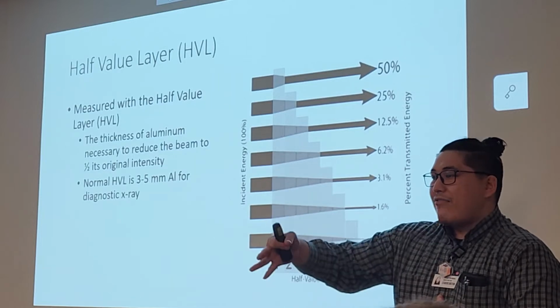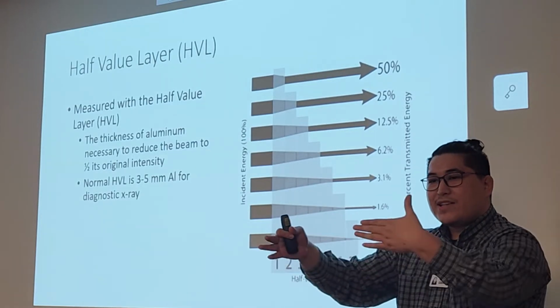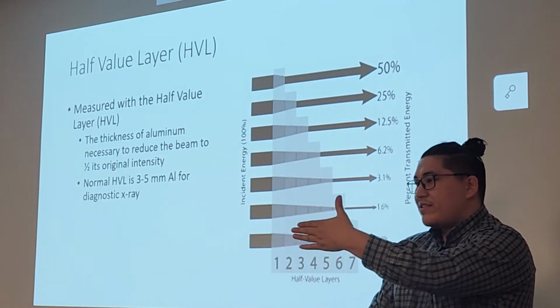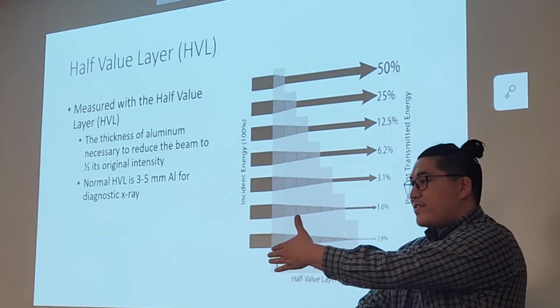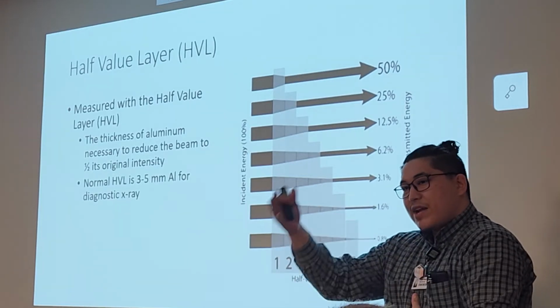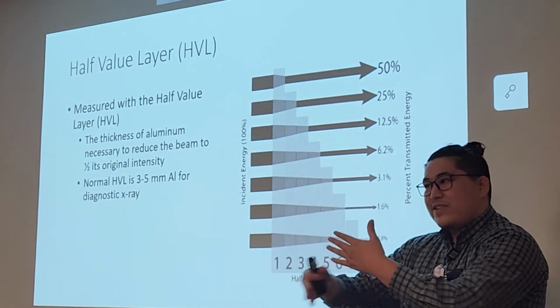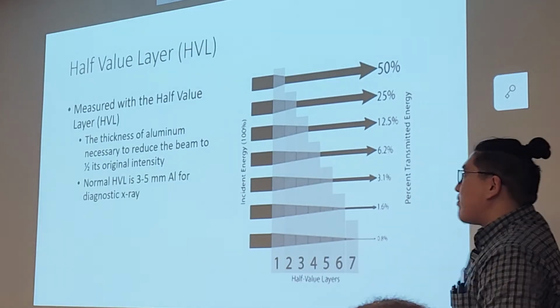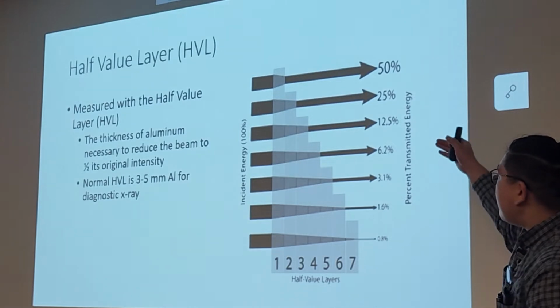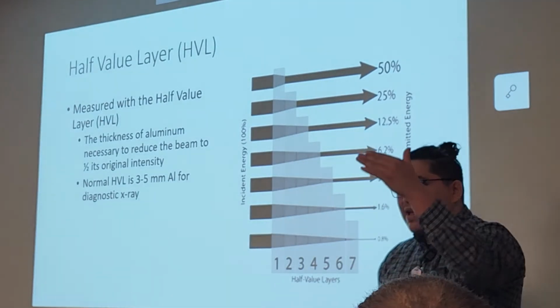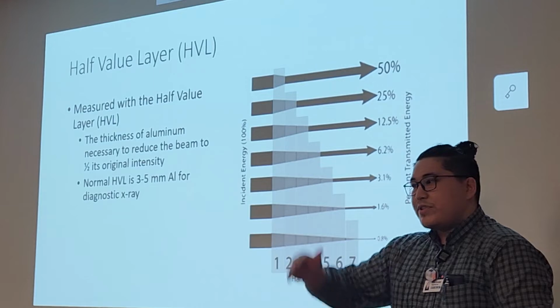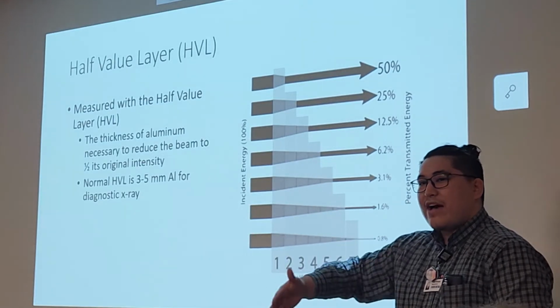We add one half value layer and that cuts the beam by 50%. So now only 50% of those X-rays are passing through. If we add a second half value layer, that half gets cut by half, and so on. So remember, we have our 50, 25, 12.5, 6.2. As we add half value layers, we just keep cutting the intensity by half.